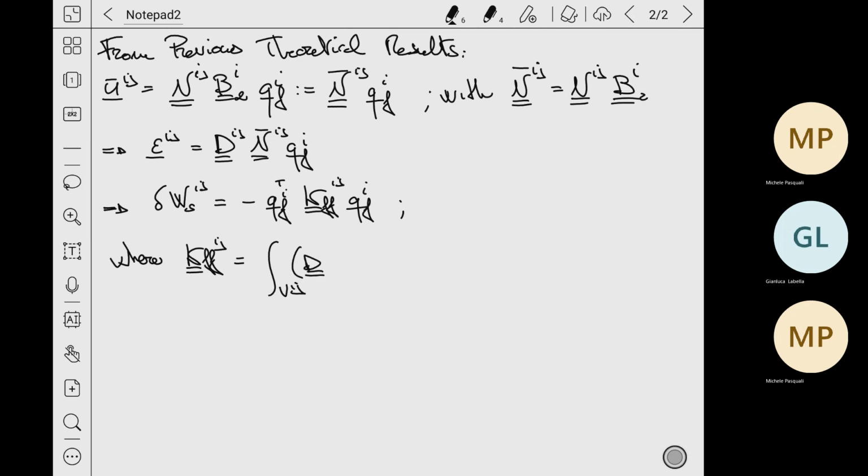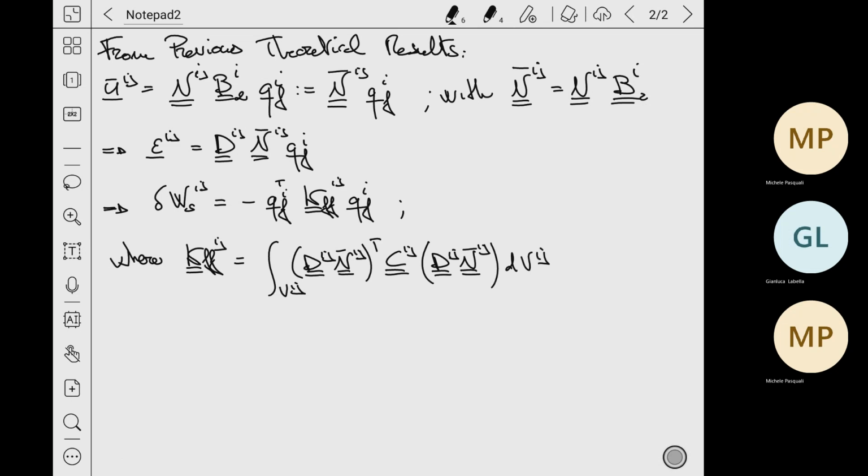That's to say, the integral of Dij Nij over bar transposed applied over Cij applied over Dij Nij over bar in dVij.